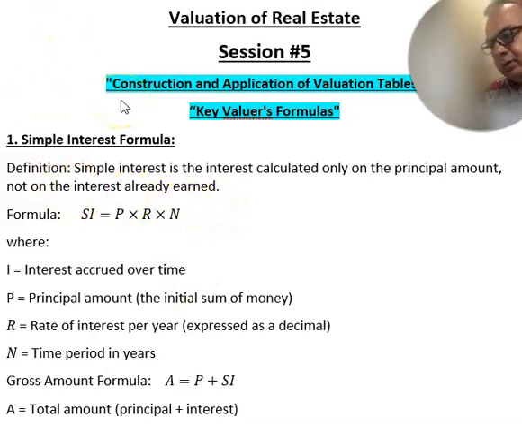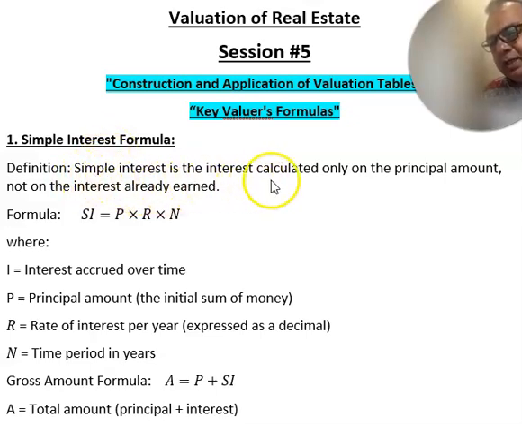First one, simple interest formula. Simple interest formula and compound interest formula we have learned in class 8 and 9. Let's first start simple interest formula.